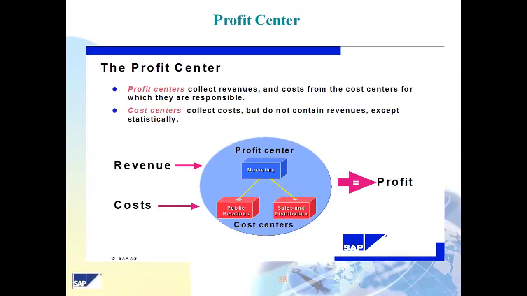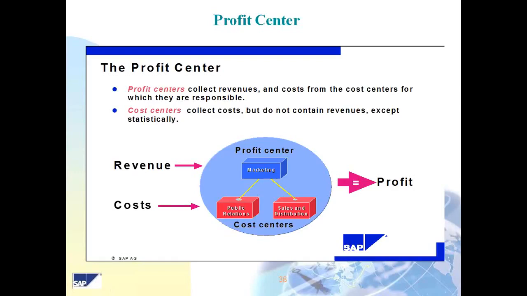Similar to the cost center, we have the profit centers, which normally collect the cost along with the revenue for which they are responsible. For example, we can maintain the profit center based on the product. For each product, I calculate the cost on one hand and the revenue on the other, so that we can see the profit of the whole product.